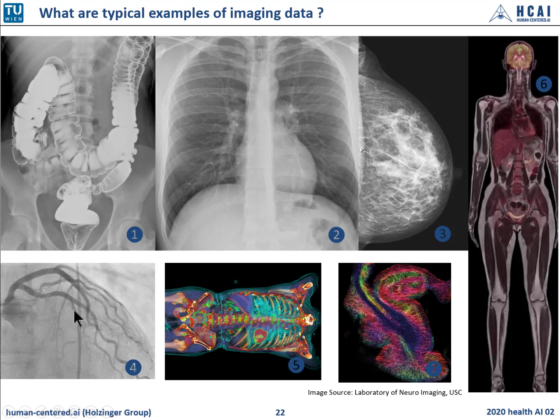And then figure 4 here, angio, cardiac imaging acquisition using a special low dose program, for example. Then number 5 is a typical PET or CT. This exposes the patient to a small amount of ionizing radiation, and you see this can be colored.